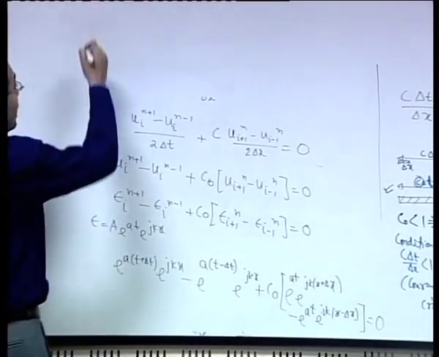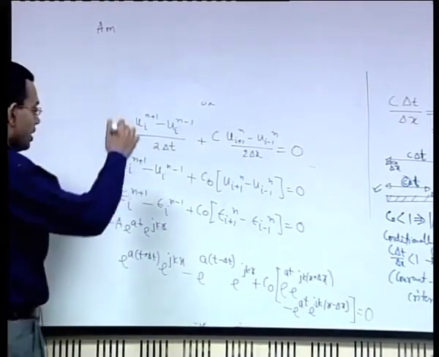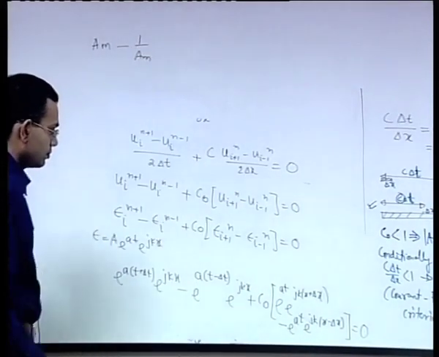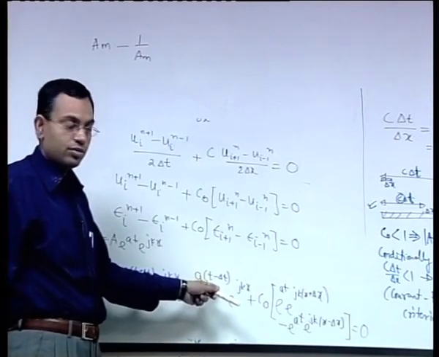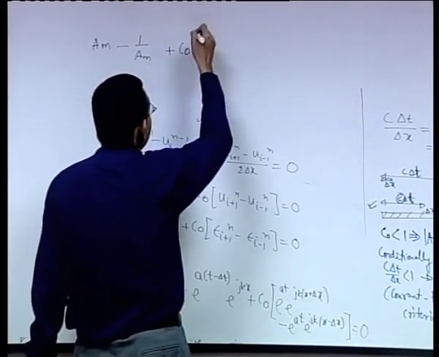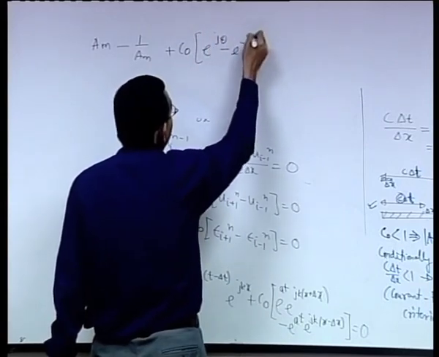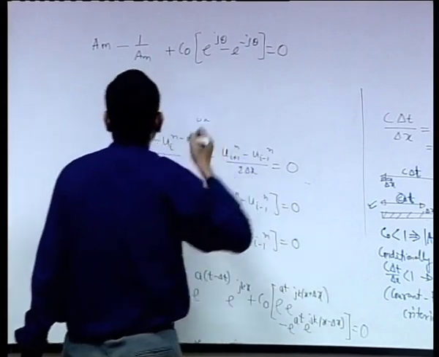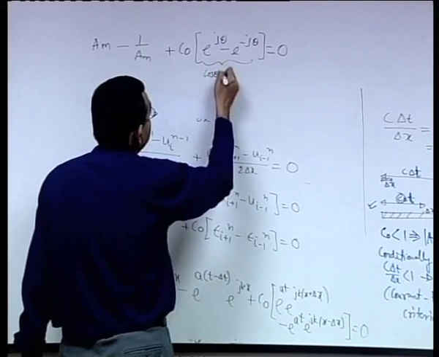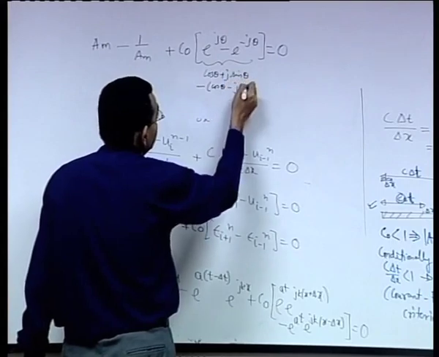So, the amplification factor, if you divide all the terms by e to the power a t into e to the power j k x, you have amplification minus 1 by amplification, because it is e to the power minus a delta t, plus Courant number into e to the power j theta minus e to the power minus j theta equal to 0. So, this is cos theta plus j sin theta minus cos theta minus j sin theta.